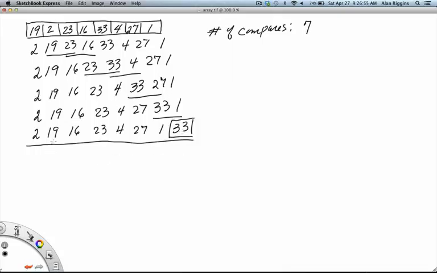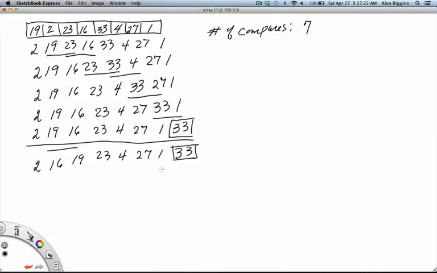So we go again and we compare the 2 and the 19 and they're fine. We compare the 19 and the 16 and they're not fine, they're out of order, we must swap them. So we have 2, 16, 19, 23, 4, 27, 1, and then the 33, and this part of the array is sorted.